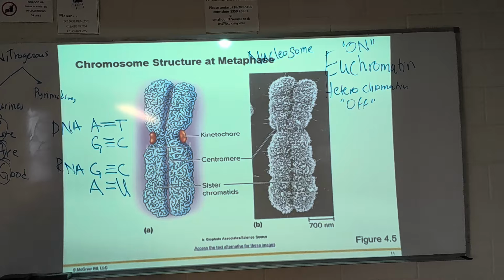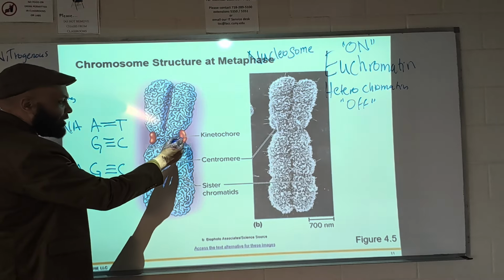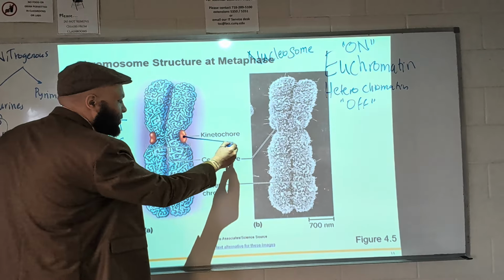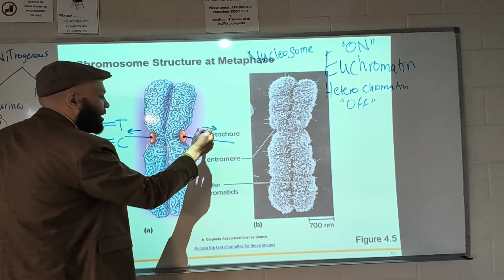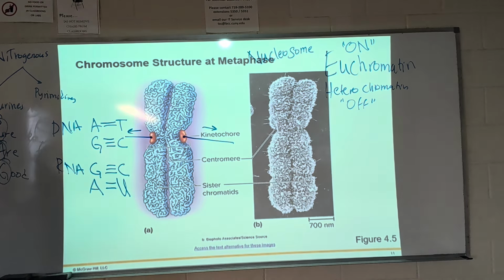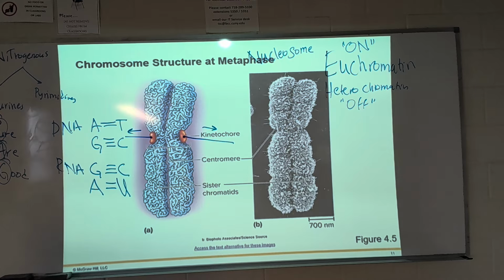Those are very important. Why are they important? Because in cell division, the microtubules attach to them and pull apart to separate them. Remember, we went over cell division in mitosis. You need to have those kinetochores.